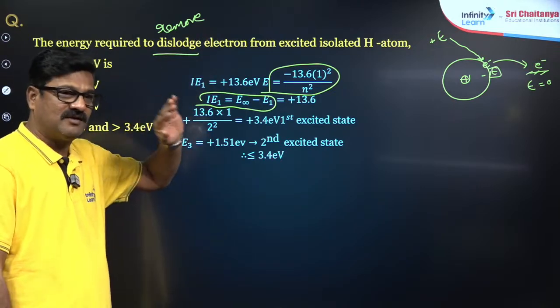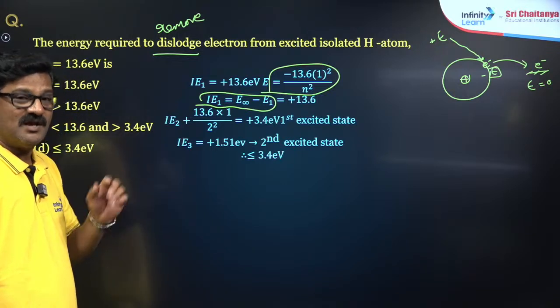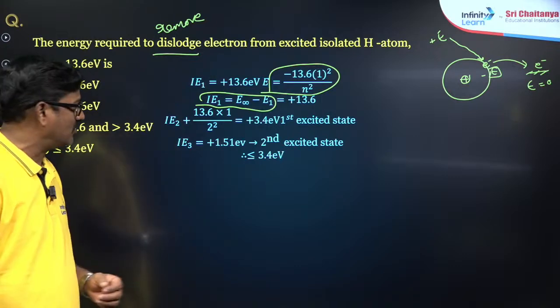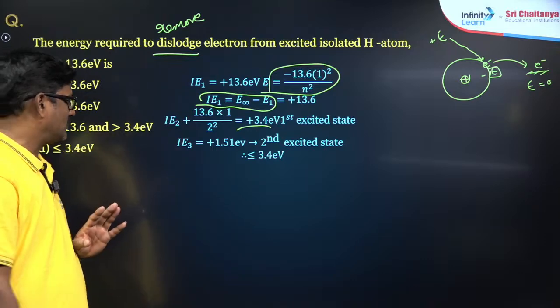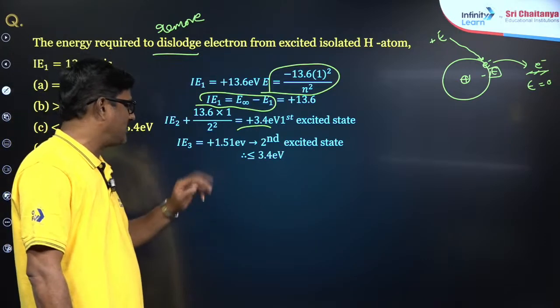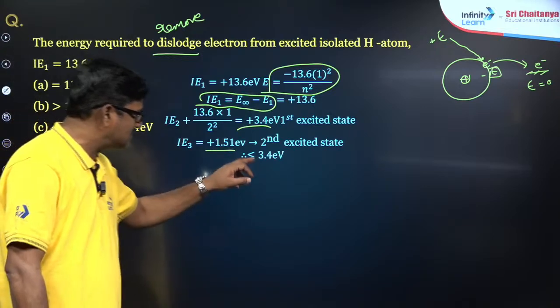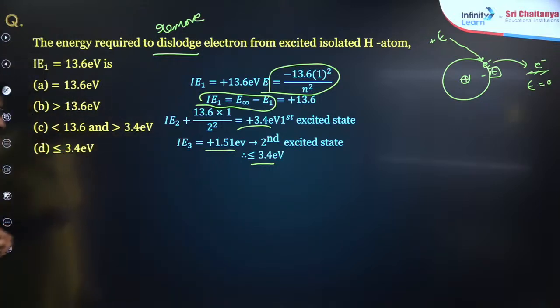You have to take the energy of the second level, minus 3.4. If you can give plus 3.4, the electron is going to be removed, so minus plus 3.4 electron volt. So IE3 is going to be plus 1.51. So it should have less than 3.4. Yeah, it should have less than 3.4 is the correct answer.